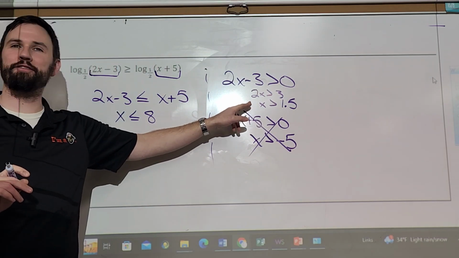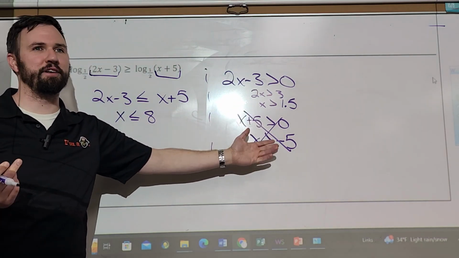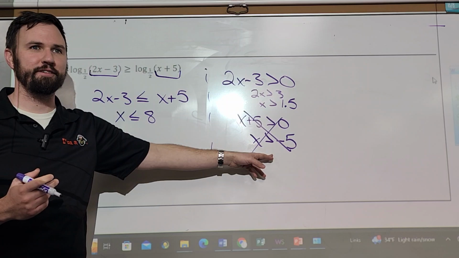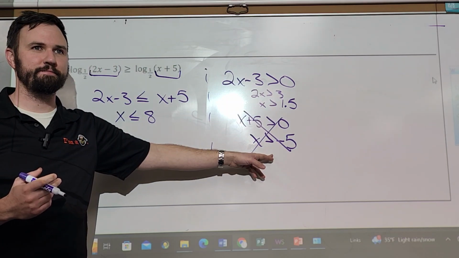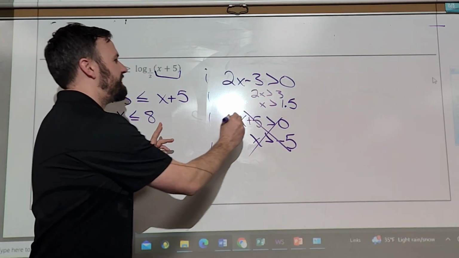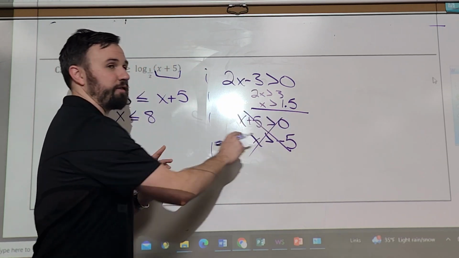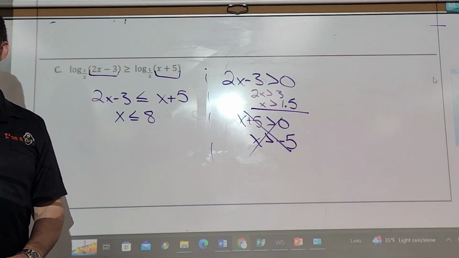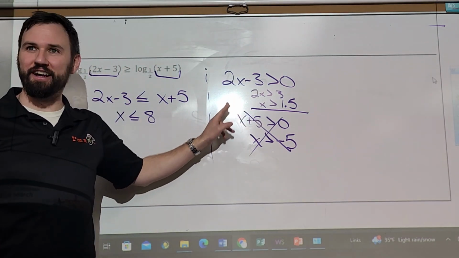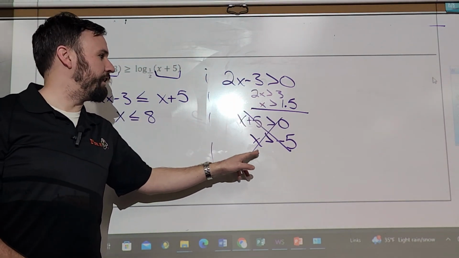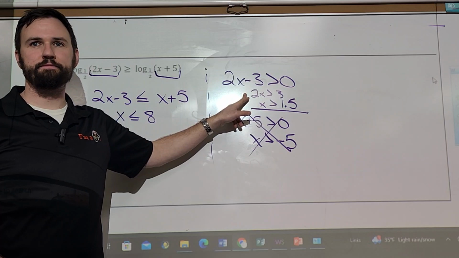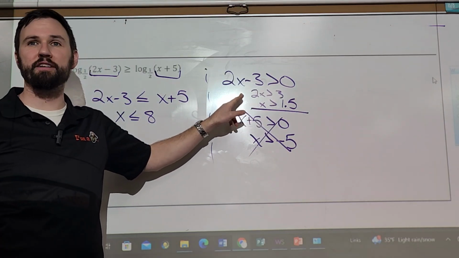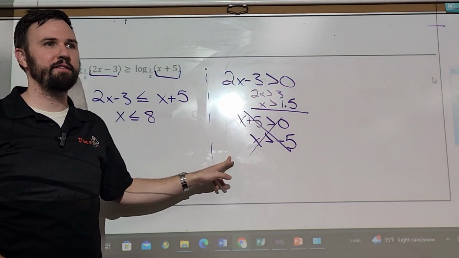Wait, hold on. Does everything that works for this work for this one? Yes, it does. Does 2 work for this? 3, 4. But does everything for this one work for that one? No. So that's why we have to use that one, because it includes both.